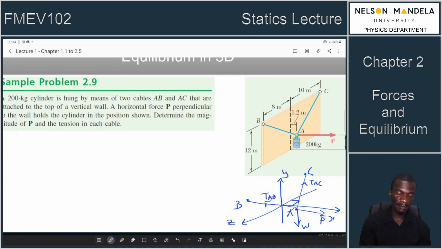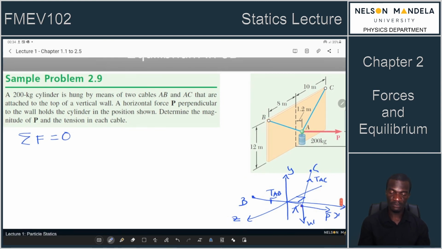So the sum of all forces is equal to 0. So let's look at our horizontal forces. We will just write the force, its X component, its Y component, its Z component.